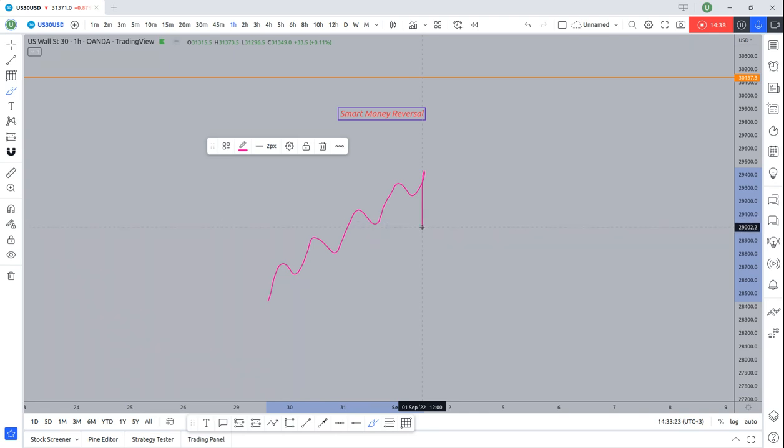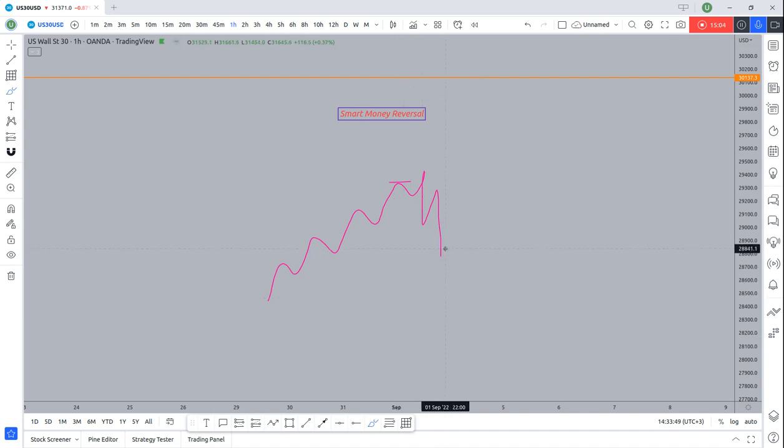Oh my god, that's not, but anyways, you understand what I mean. I'm not good at drawing, but you see, price took out this high, then suddenly, instead of price making a higher high, we broke this low. This is called a smart money reversal.